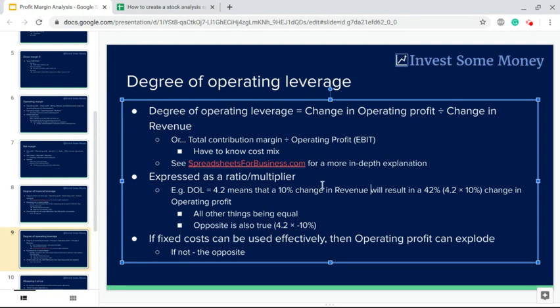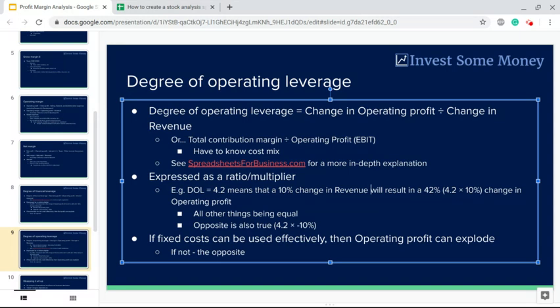Okay. So the opposite is also true with it. Interest is a fixed cost, and that's its benefit and its danger. The same is true with any other fixed costs. It's not going to change whether you sell 0 or you sell 1,000,000 units of something.